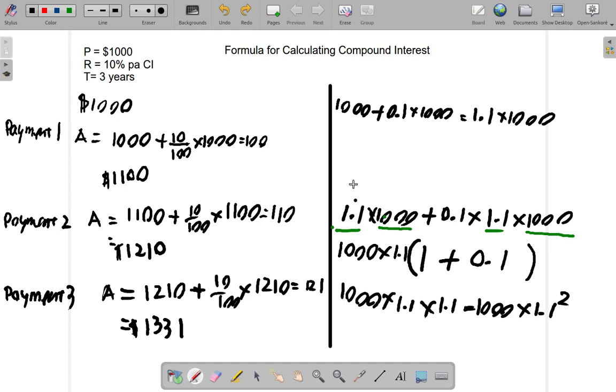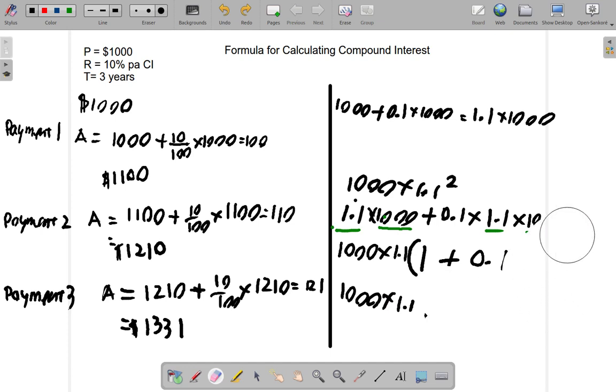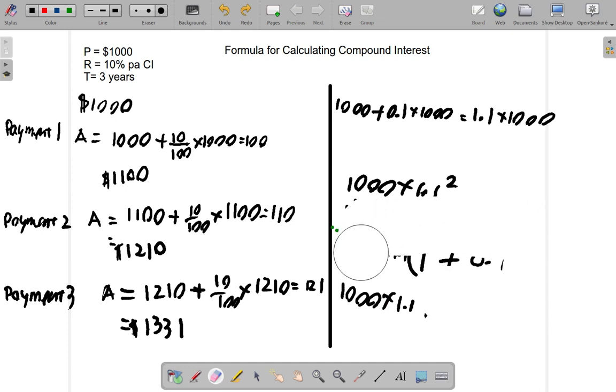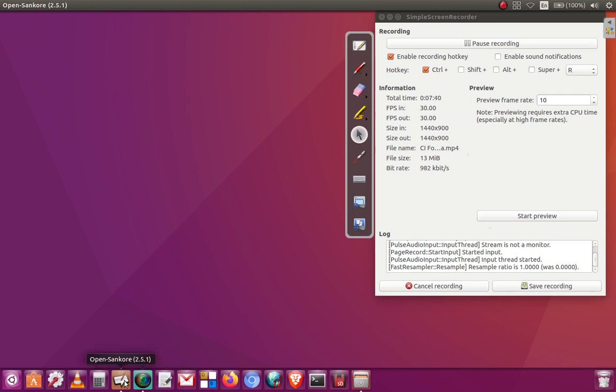Payment after year 2 is really 1000 times 1.1 squared. Let's also check it before we move on. Does this really amount to $1,210? 1000 times 1.1 squared. Let's check on our calculator.